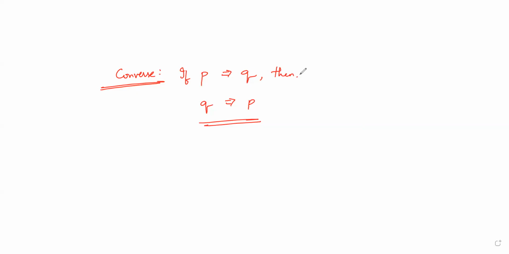Great. Next, you have something called inverse, sir. For example, the inverse of P implies Q is negation of P implying negation of Q. This is called inverse. Clear? Yes, sir.